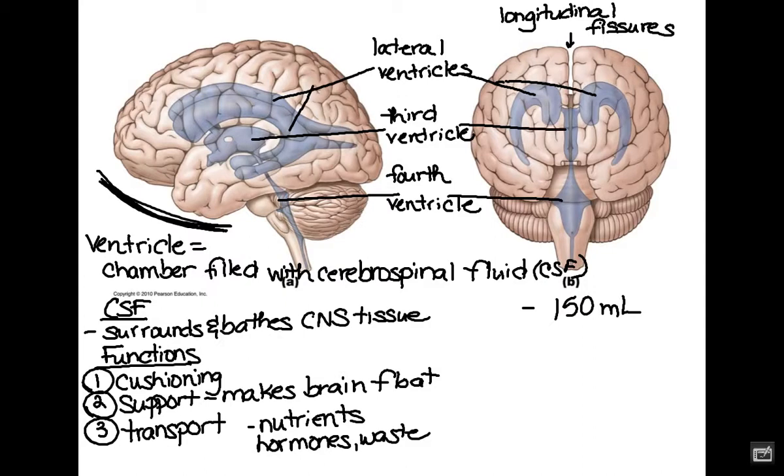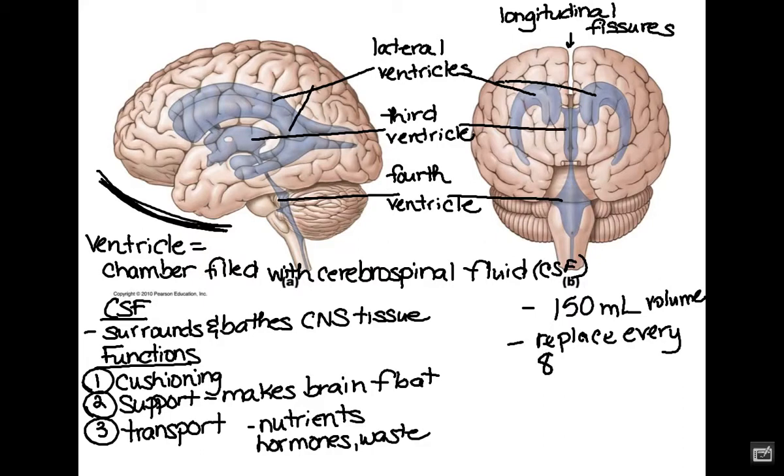Most of the cerebrospinal fluid is made in the third ventricle. It's not that the others don't make it, it's just that the third ventricle makes more for whatever reason. But as you can see, they are all connected, so they all assist in the circulation of that cerebrospinal fluid. Now that 150 milliliters of volume that we have is actually replaced about every 8 hours.